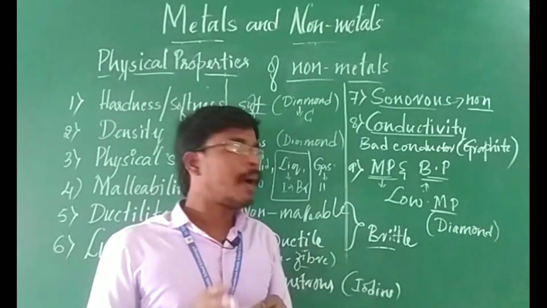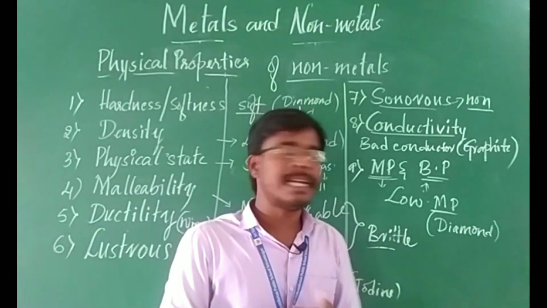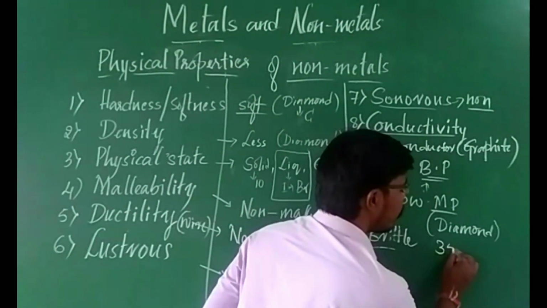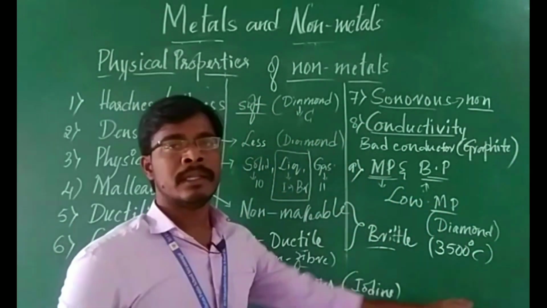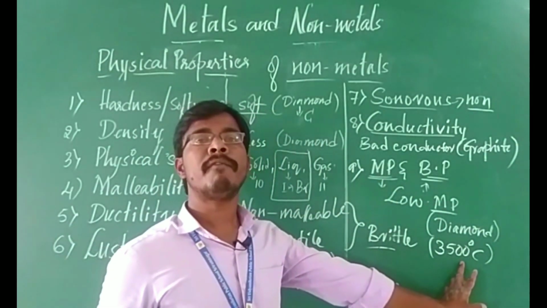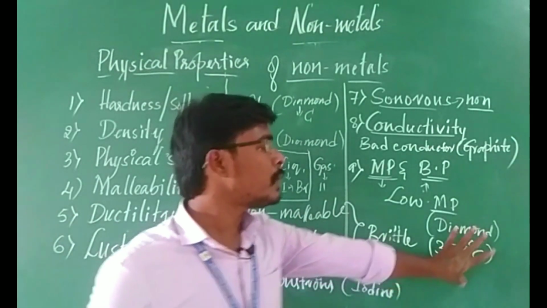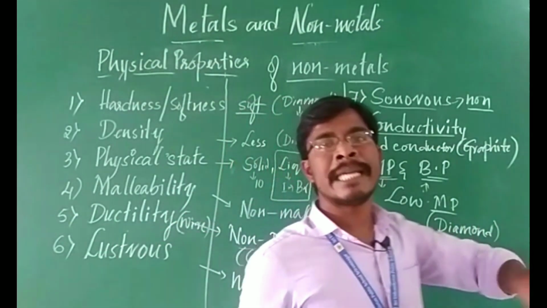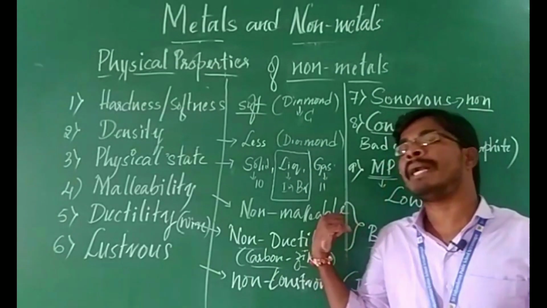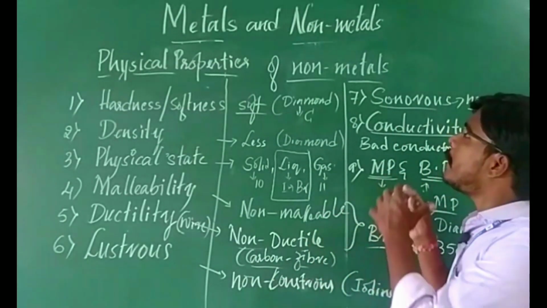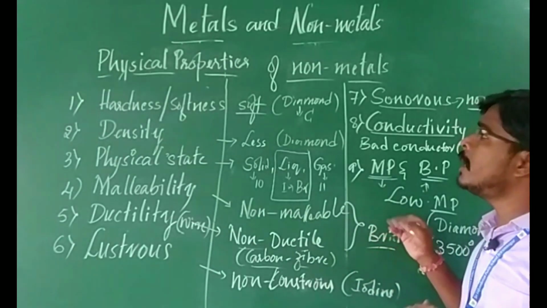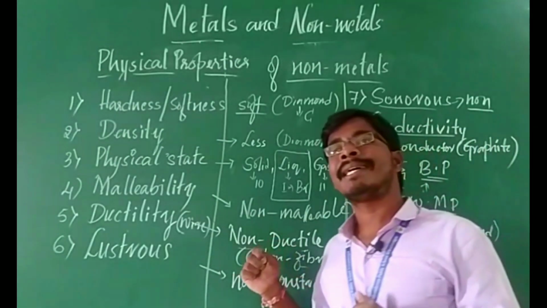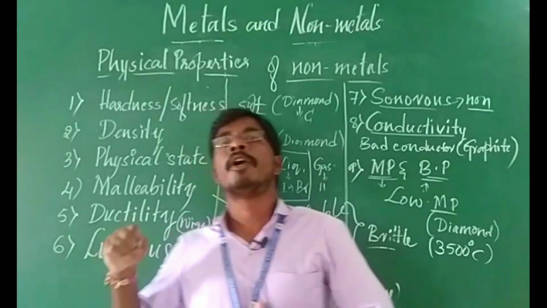To break those bonds, we need a very high amount of heat energy. Nearly 3500 degrees Celsius is the melting point of diamond. Due to that, diamond is taken as an exceptional case for melting point and boiling point. And all the remaining non-metals have a low melting point and low boiling point. So these are the physical properties of non-metals.